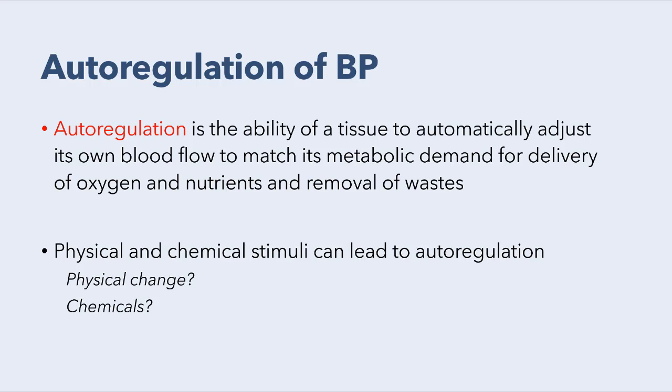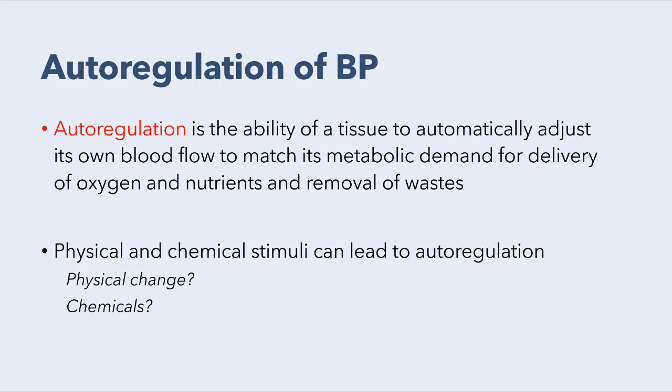There are other stimuli that can lead to autoregulation. Physical and chemical stimuli can achieve this. For example, physical change can include warming. So if the temperature of that area goes up, that contributes to vasodilation. And if there's vasodilation, there's more blood flow to that area.